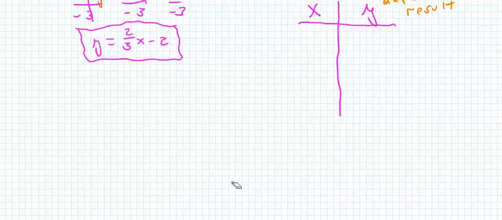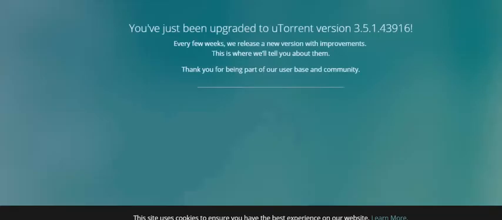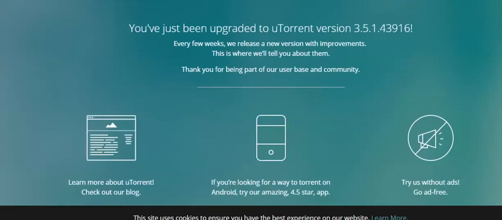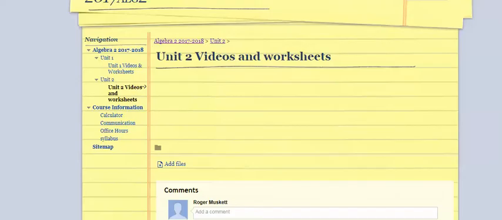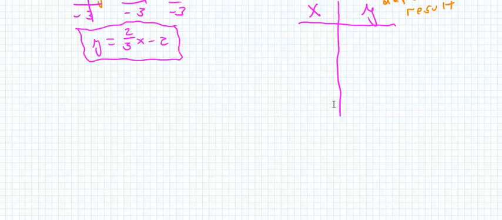All right, so let's see if we can do this. I want you to pick 3 values for x, the independent variable.